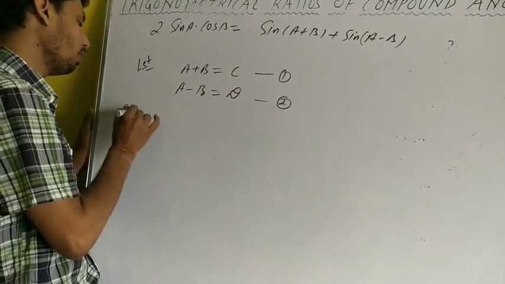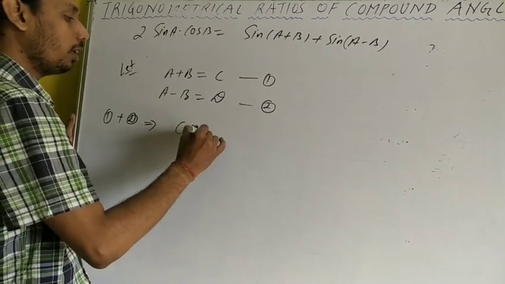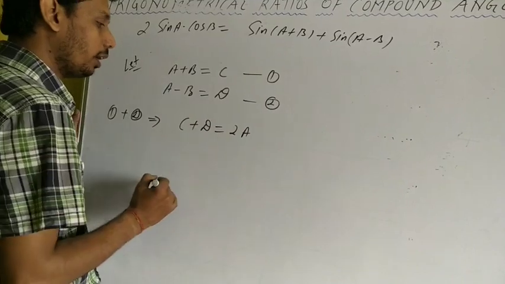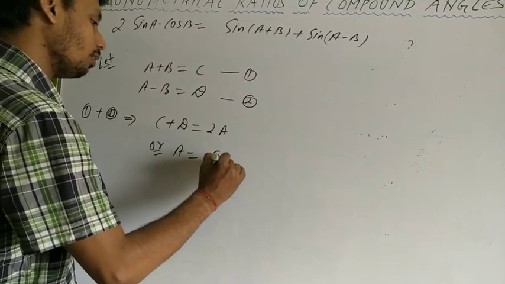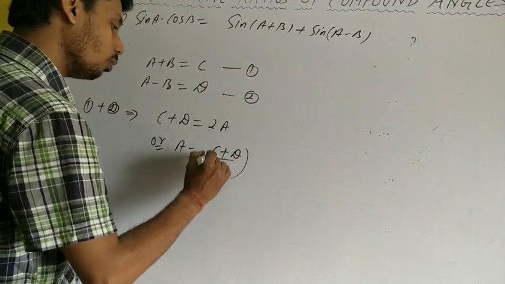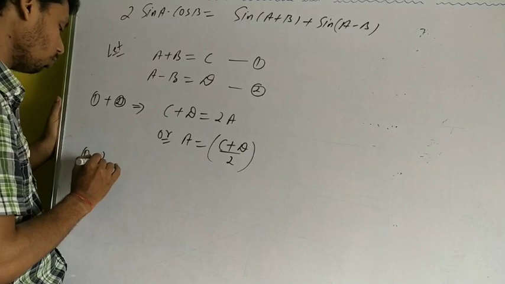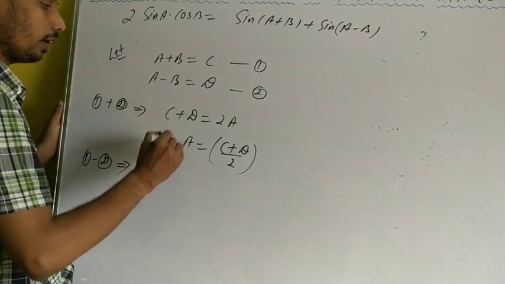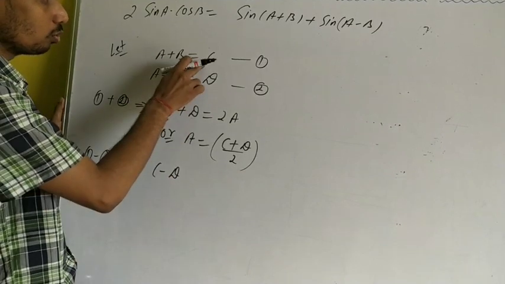Now if we add 1 and 2, so 1 plus 2 implies c plus d is equals to twice of a, or a is equals to c plus d by 2. Now if we take the difference of these two, that is 1 minus 2, we get c minus d.